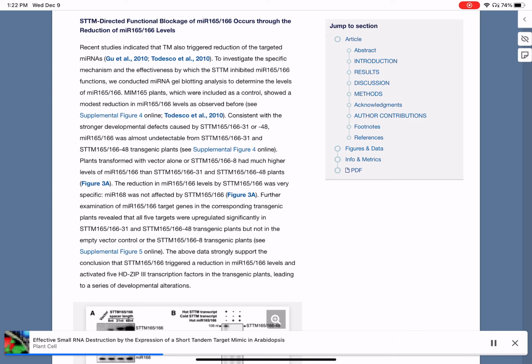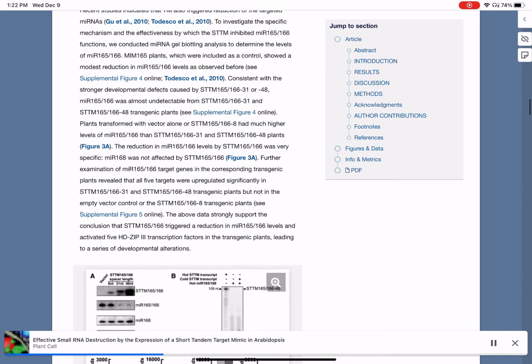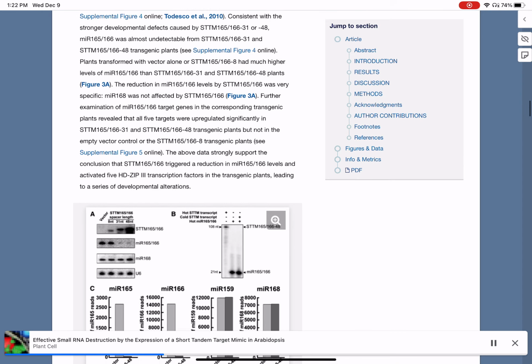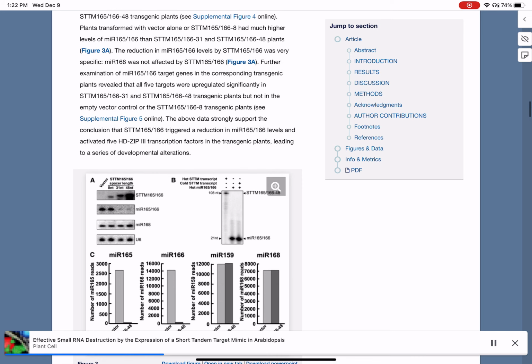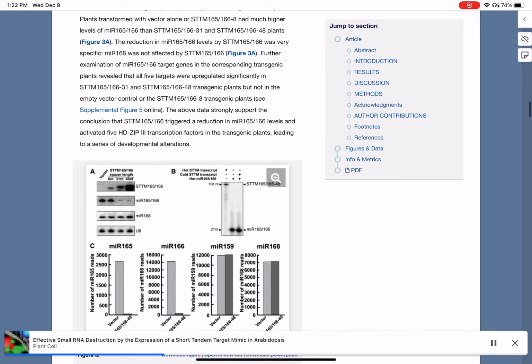Plants transformed with vector alone or STTM-165-166-8 had much higher levels of miR-165-166 than STTM-165-166-31 and STTM-165-166-48 plants. Figure 3a. The reduction in miR-165-166 levels by STTM-165-166 was very specific. miR-168 was not affected by STTM-165-166, figure 3a.